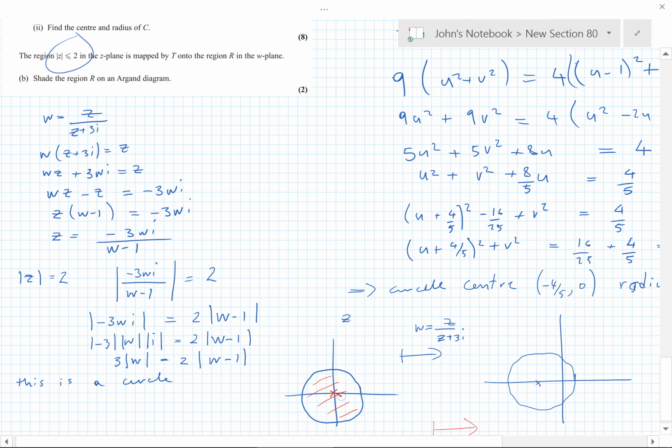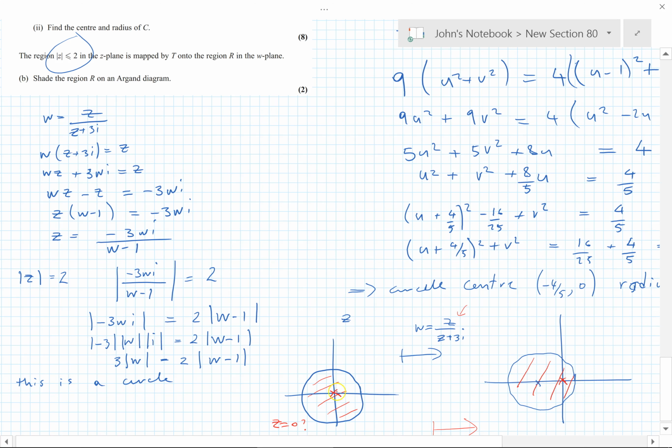So here, the most obvious one is z is equal to 0. Well, where does z equal to 0 map to? We'll put 0 into here, and we also get 0 there. So if that point which is inside also maps to this point which is also inside, then that must mean that the whole region is inside too.